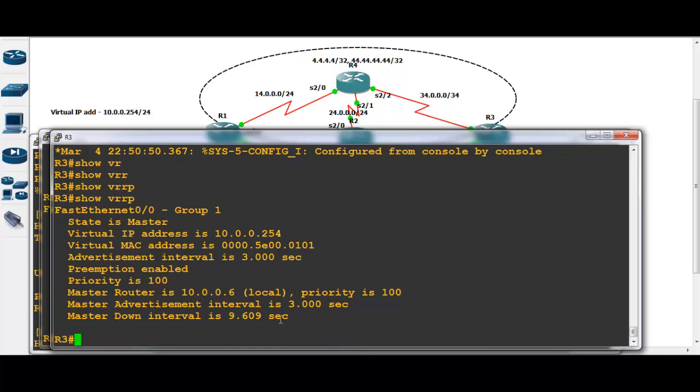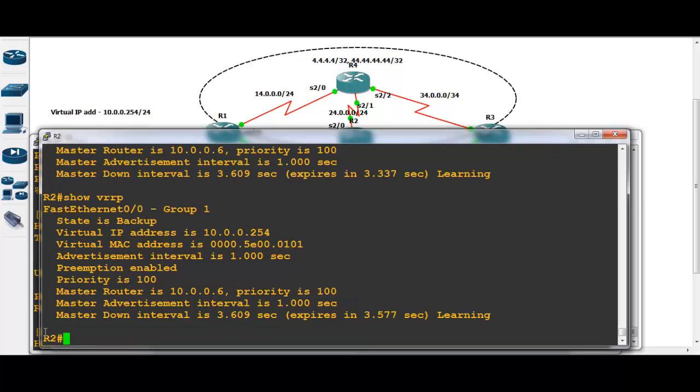Okay, here it says, because I changed it to 3, here it is 9.609. Let us see whether it has impact here. So previously in the backup routers we were having 1 and 3.609. Wow, wonderful, it impacts, but not in the advertised time, but in the master down time.